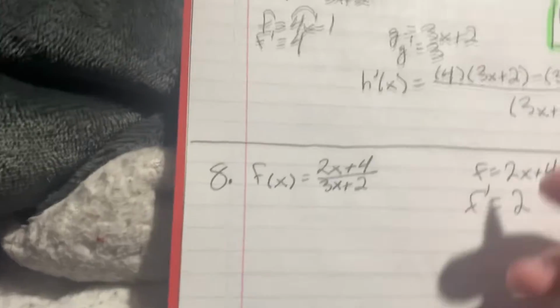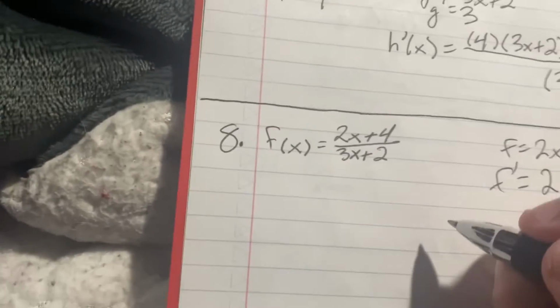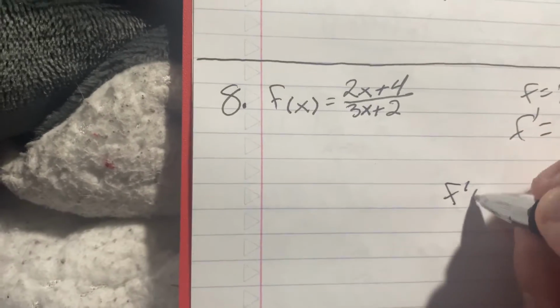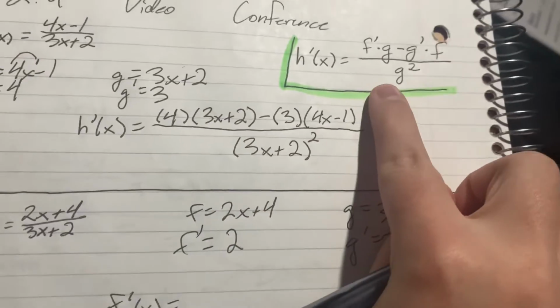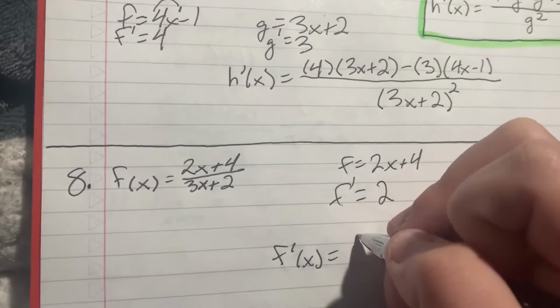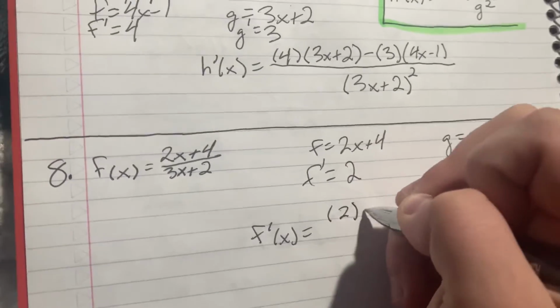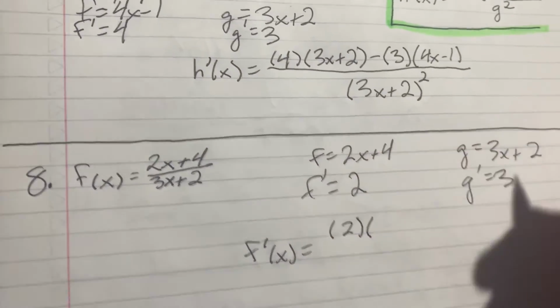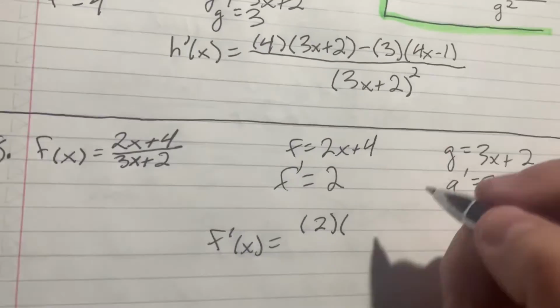And then to find the derivative of f of x, you again plug in all the inputs for the equation. So in this instance, it will be 2 times g, which is 3x plus 2.